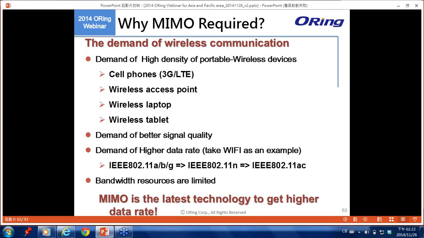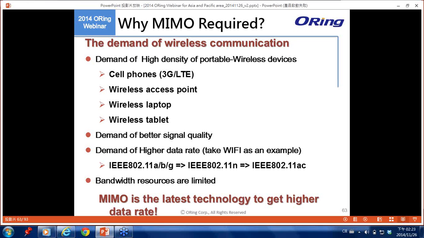Therefore, the requirement for a higher data rate and better signal quality of wireless communication becomes more and more important today. But as you know, coding rates and data capacity versus bandwidth are mature today, and we don't have much room to improve. But the demand for high speed wireless data communication has increased rapidly, and we need to find solutions to fulfill the needs.